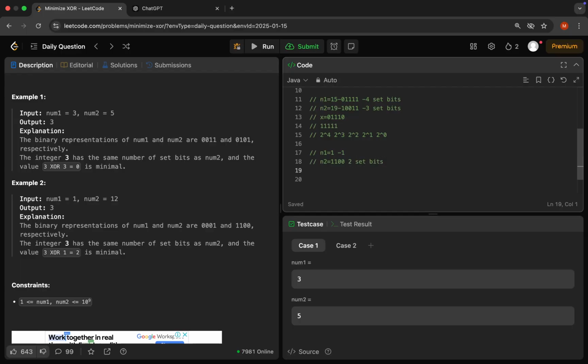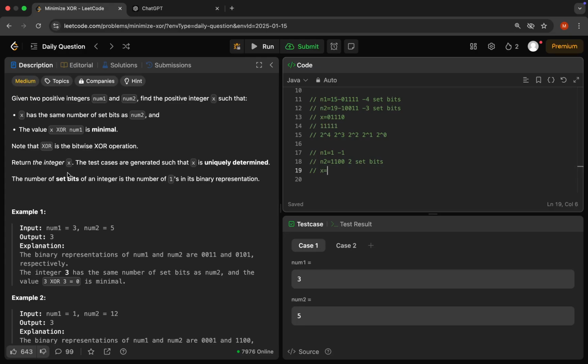So how do we figure out the x value? x must also contain 2 set bits as per the condition of the question. Here is the condition: x has the same number of set bits as num2. So we cannot use only one set bit, we have to use 2 bits.